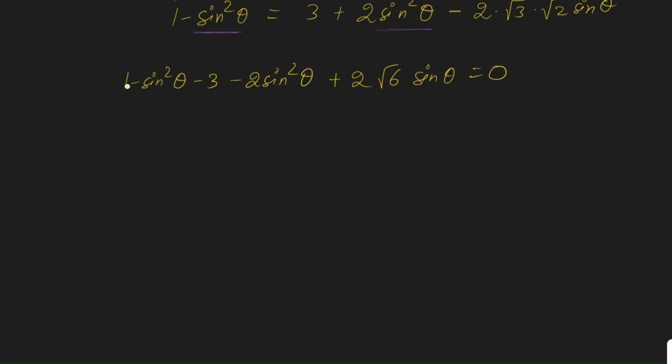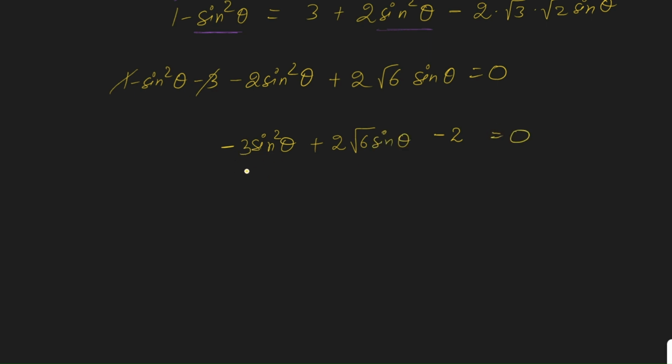So 1 and −3 will give me −2. Then negative sin²θ and negative 2 sin²θ give me negative 3 sin²θ. And then we have this term remaining, which is positive 2√6 sin θ.